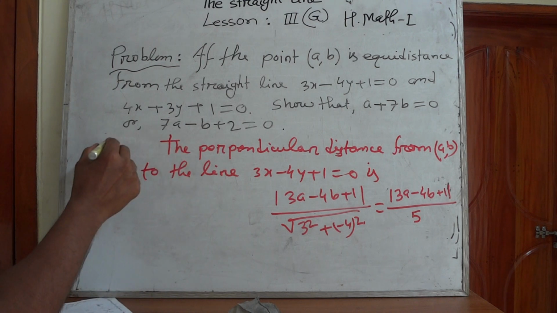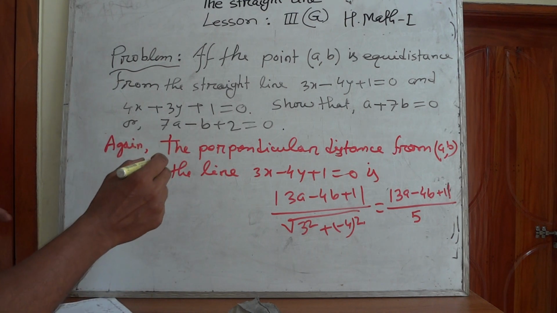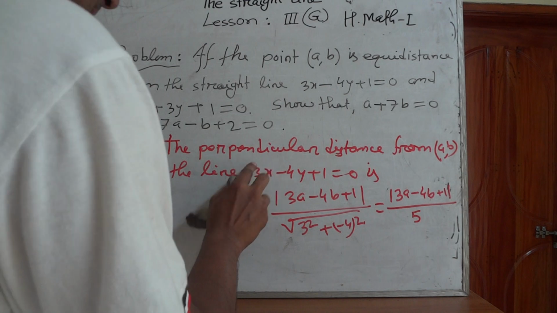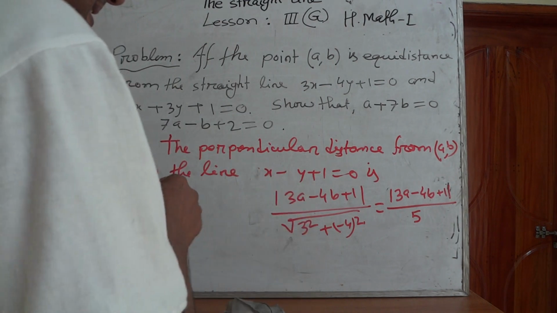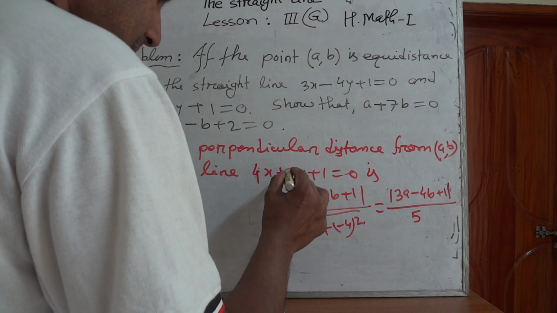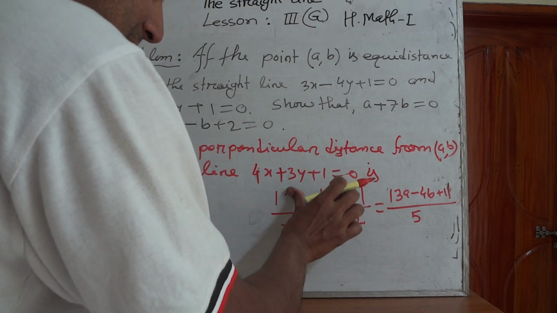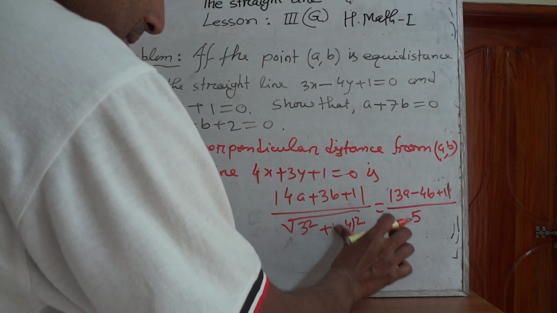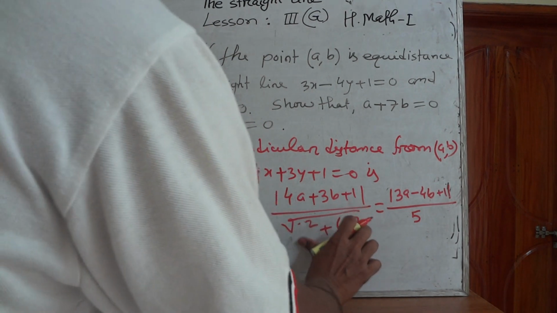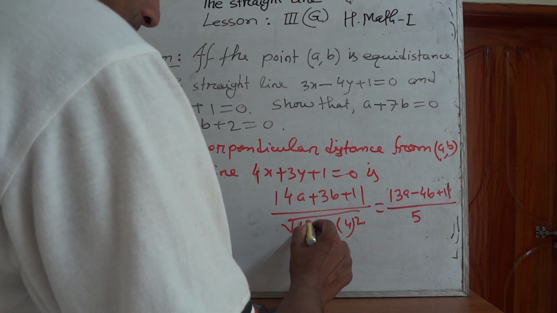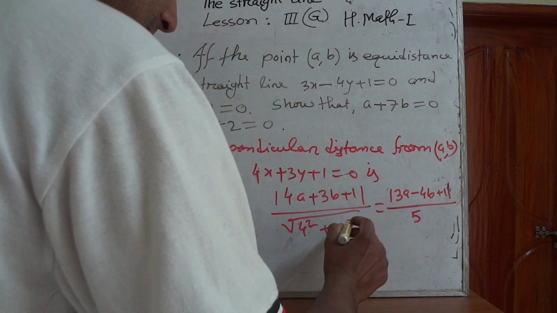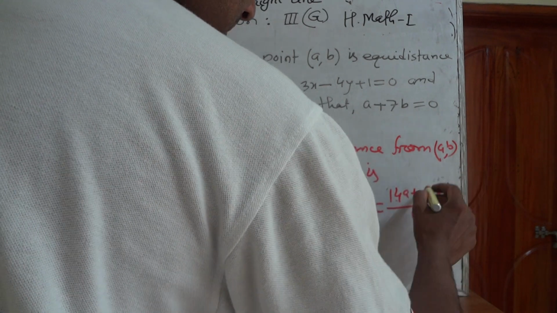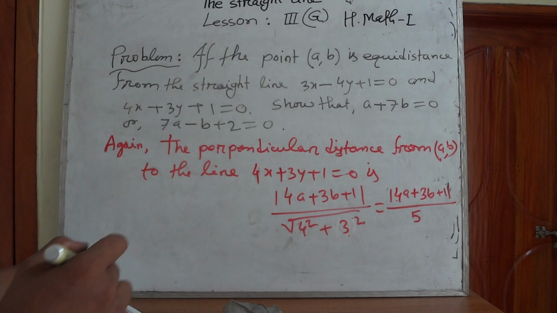Again, the perpendicular distance from (a, b) to the line 4x plus 3y plus 1 equal to 0 is 4a plus 3b plus 1 divided by square root over 4 square plus 3 square, and this equals 4a plus 3b plus 1 divided by 5.